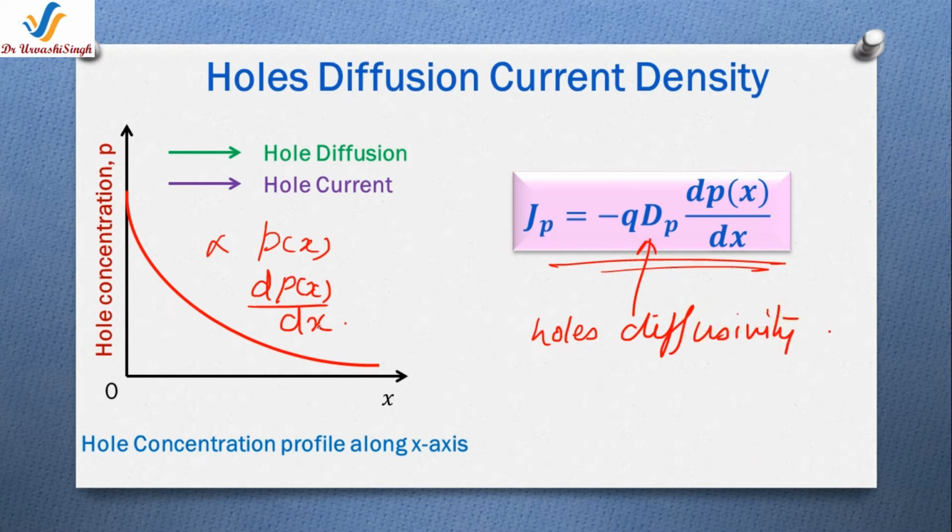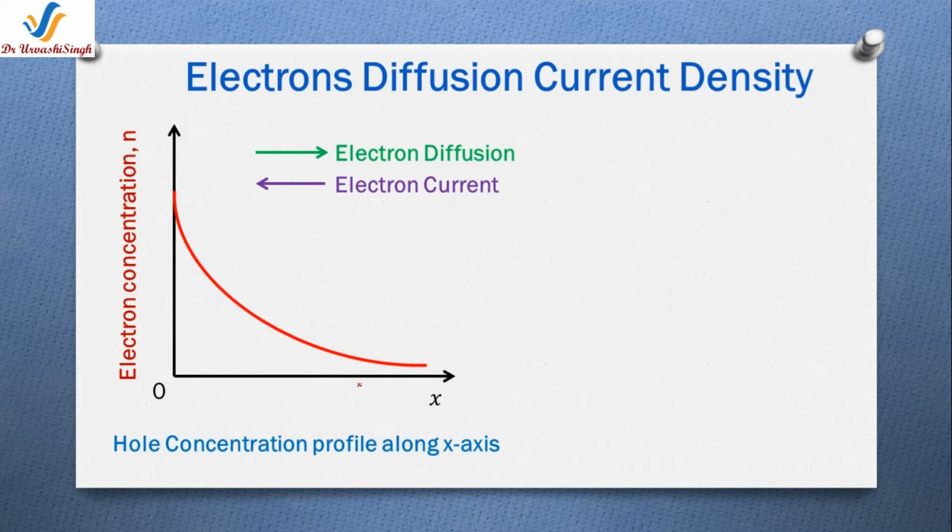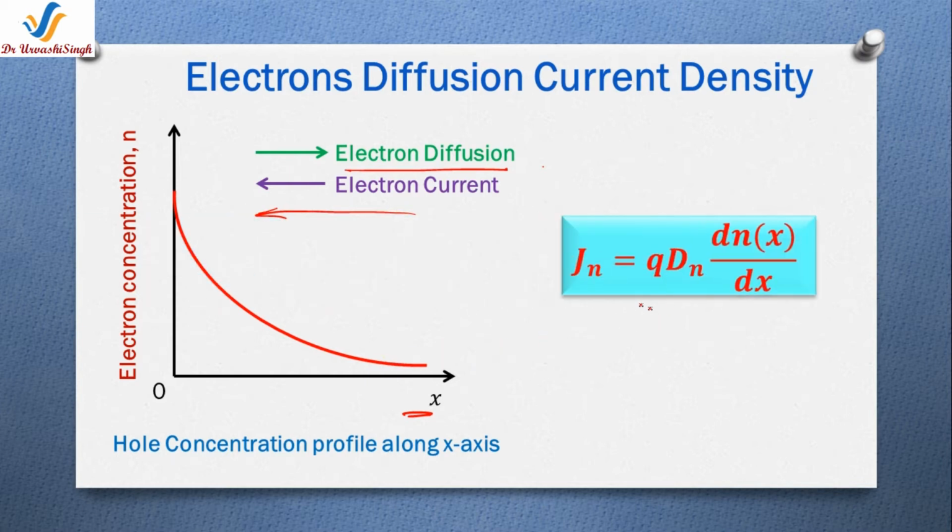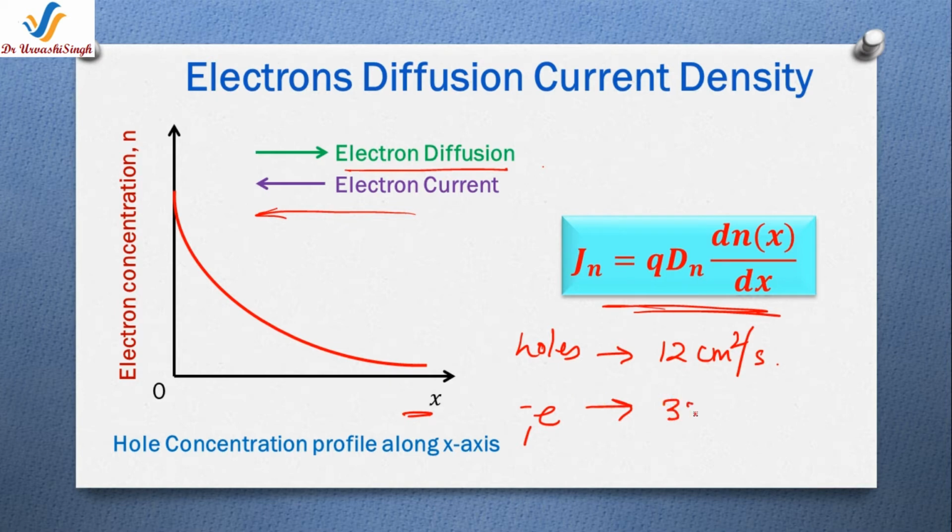But in case of the electrons, if electrons will move in the positive x direction, then its current will be in opposite direction, and that's why its diffusion current density is given by this. You can see that the sign of the current density is reversed in case of electrons. And the typical value of the diffusivity of holes and electrons diffusing in intrinsic silicon is 12 centimeter square per second for the holes, and for electrons it is 35 centimeter square per second.